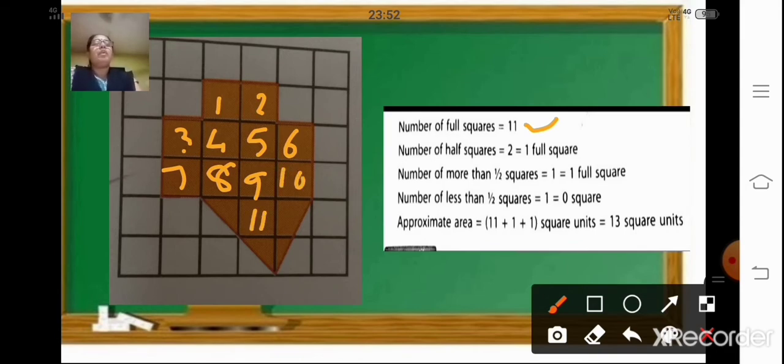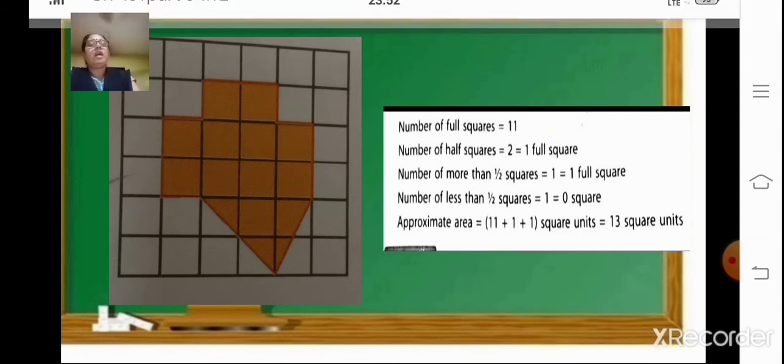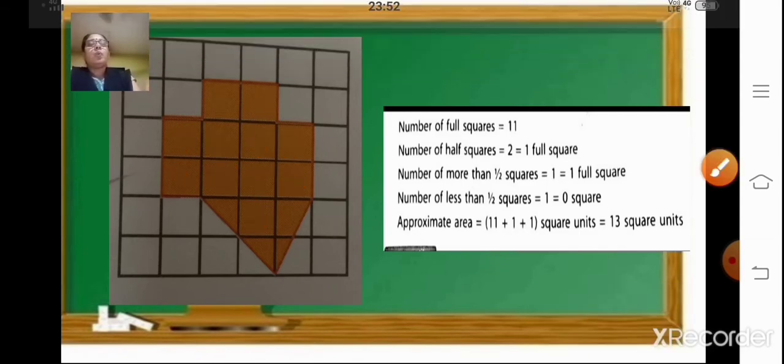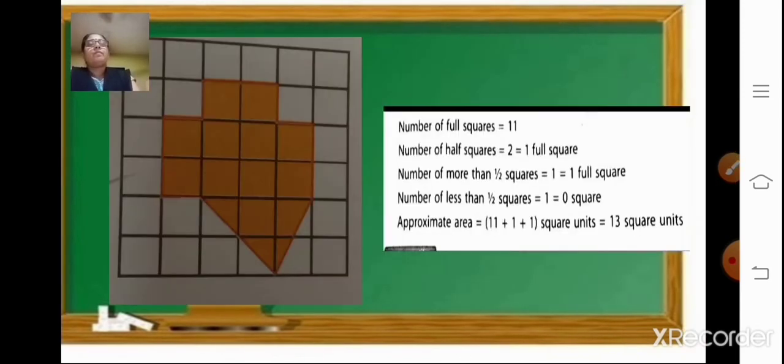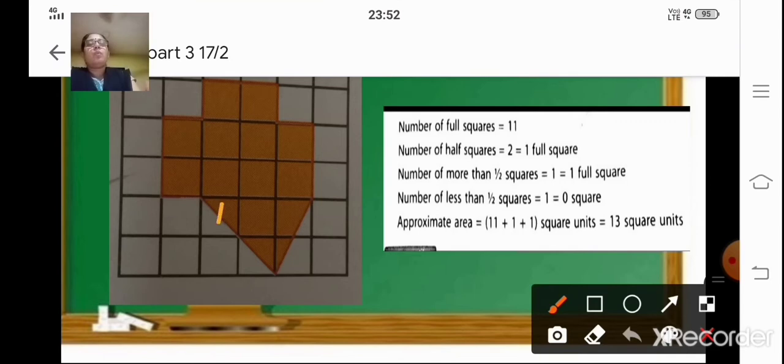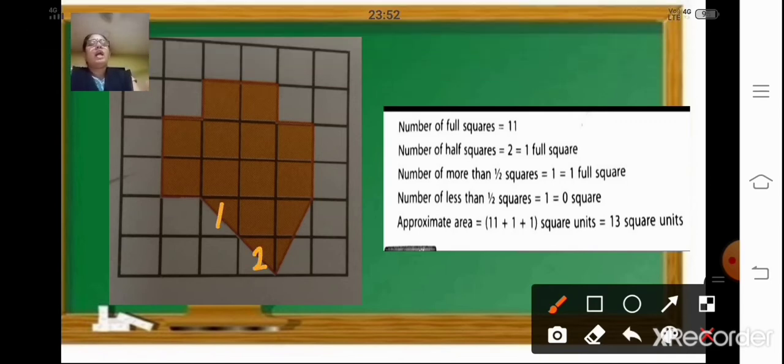So the total number of full squares is 11. Okay. Number of half squares, that is, number of half squares which is covered is 1 and here it is 1 and 2. Now half square is 2.